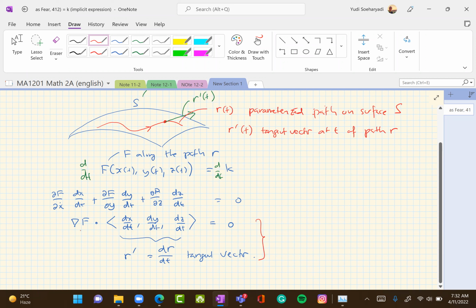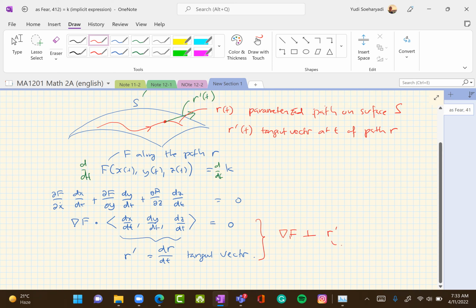What does this tell you? If you have two vectors and the dot product is 0, they're perpendicular, sir. Perpendicular.